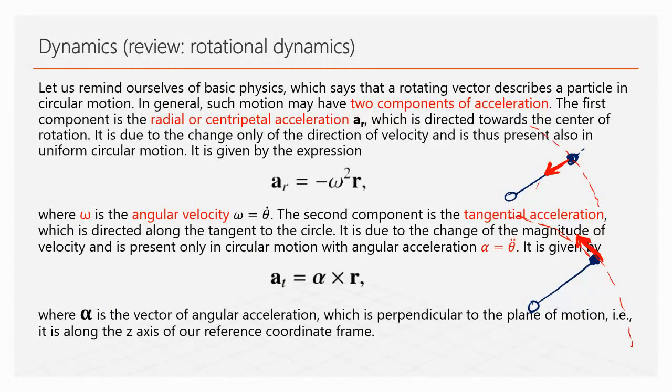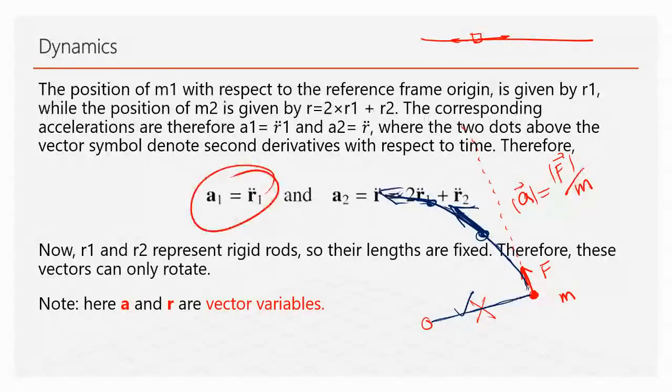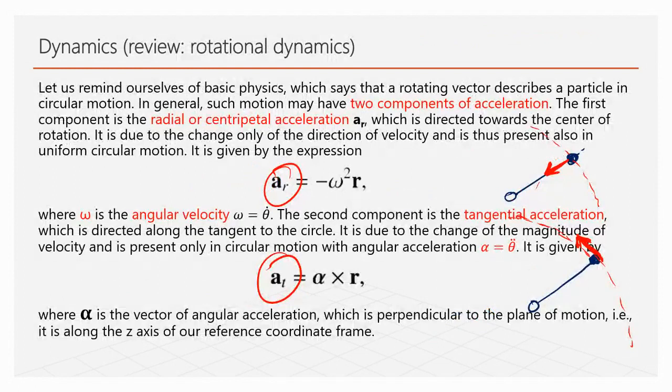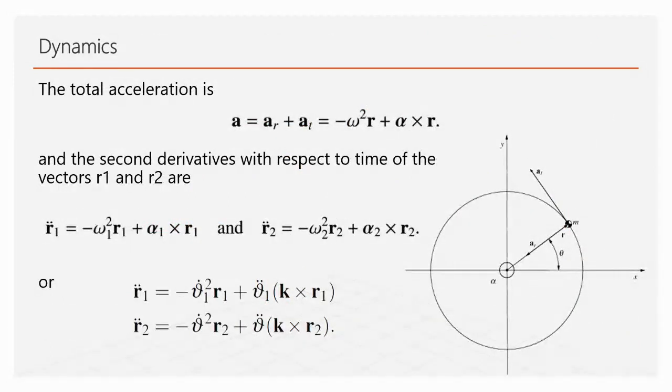So, in short, acceleration now has two components. What I had here, I have to decompose into components as well to write the equation. My acceleration has a radial and a tangential component.